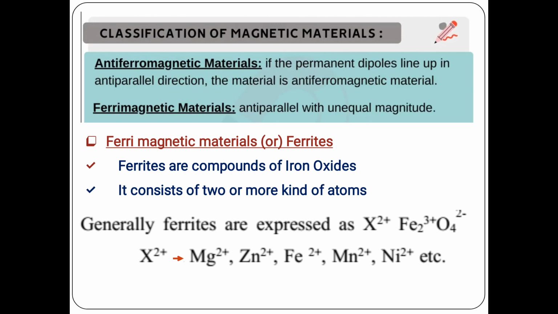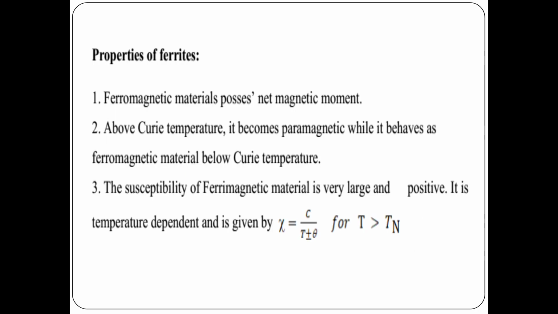Generally, ferrites are expressed as X2+ Fe2 3+ O4 2-. Here, X2+ can be magnesium 2+, zinc 2+, iron 2+, manganese 2+, nickel 2+, etc. Properties of ferrites: ferrimagnetic materials possess a net magnetic moment.